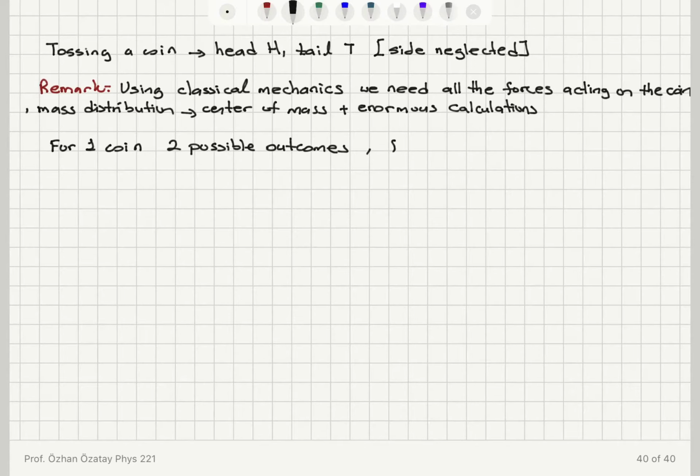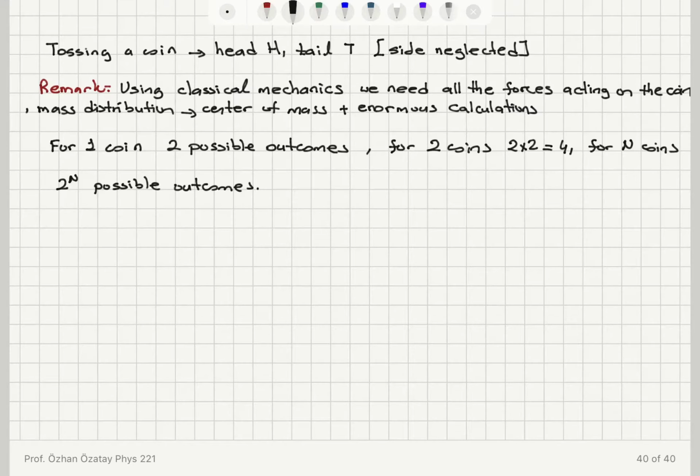So if I have two coins, I have head-head, head-tail, tail-head, tail-tail: 2 times 2, 4. For capital N coins, I have 2 to the power N possible outcomes.